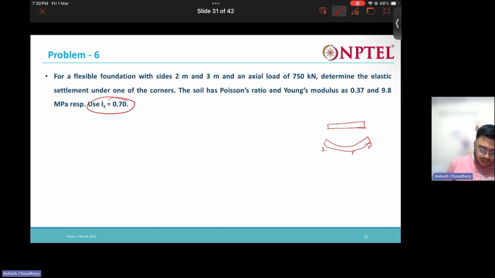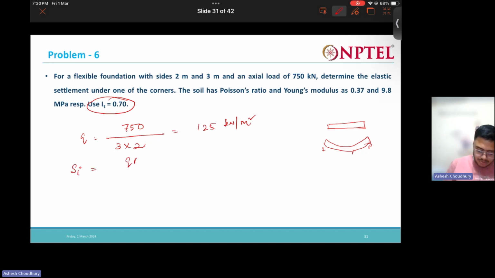So how much pressure are you applying? 750 kilonewton load, so 750 divided by 3 into 2, that is 125 kilonewton per meter square pressure. What is the immediate settlement?